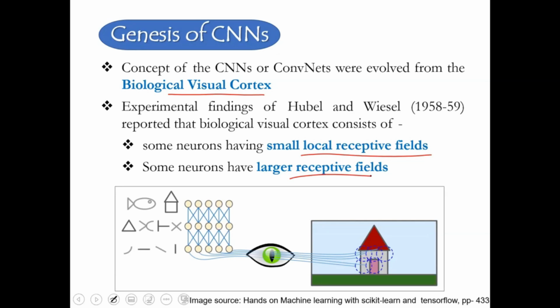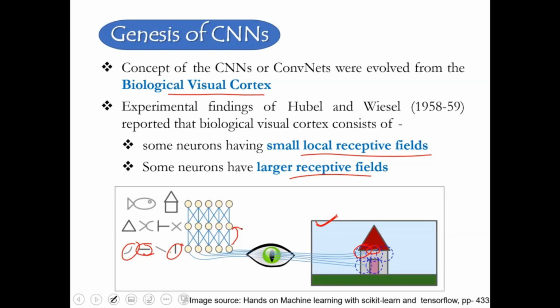So what is this? Suppose we are seeing this whole image. Some of the neurons will see these small parts, and will learn small patterns, whether it is a line or a curve, and will pass this information to the next layer. What will the next set of neurons do?